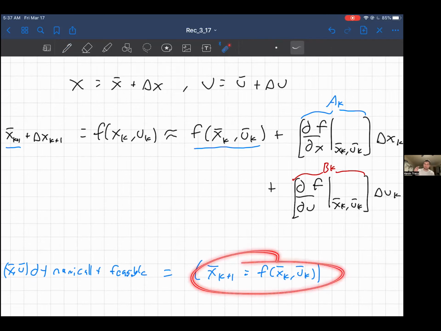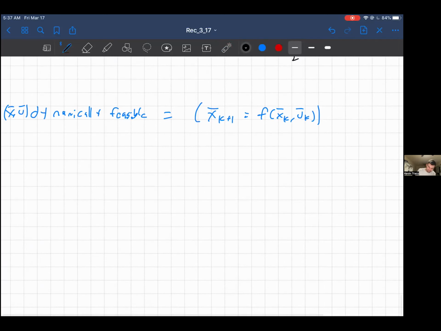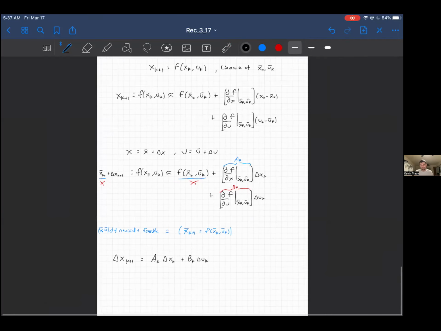For my x bar and u bar to be dynamically feasible, F of x bar u bar equals x bar k plus 1. Now, if these two things are equal, then I can just remove them both. So I remove this, and now I get the following. I get delta xk plus 1, and there I have linearized the system.